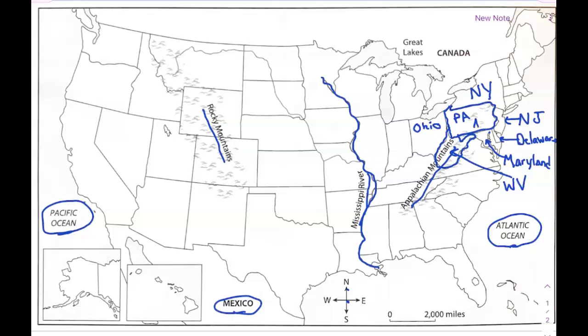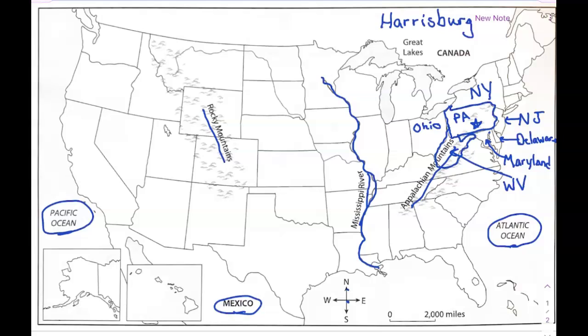Our capital city is right around there, and our capital city of Pennsylvania is Harrisburg. Remember, a capital is where the government happens and where they make laws and sort of govern everybody. So those are a couple of things that I wanted to point out to you on our map of the United States. I'd like you to go ahead and label these things on your map.